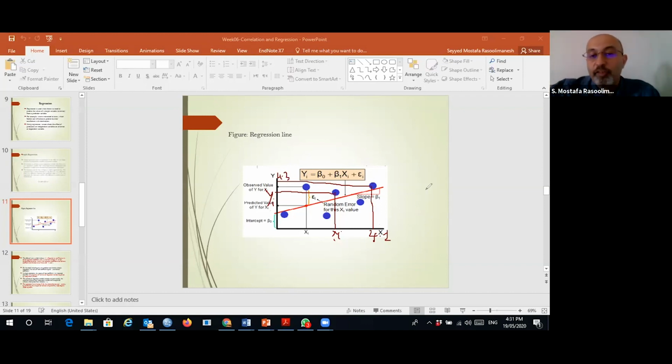Okay. For example, if we have different cases and we put different blue dots in this figure, right? The meaning of regression is the best line that can describe this relationship.